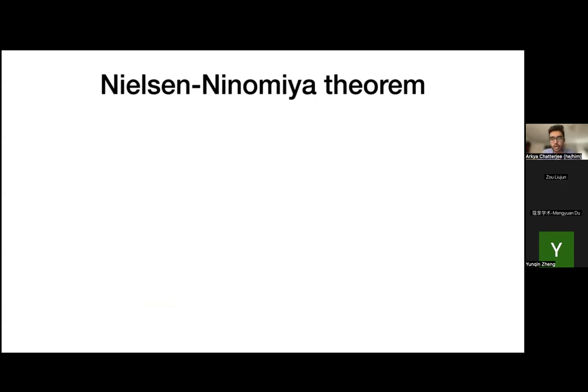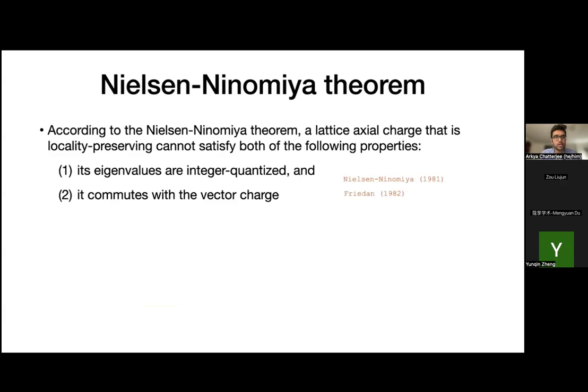So now that we've discussed this lattice axial charge, I want to address a potential complaint. There's a famous theorem in the field of chiral fermions, which was first proposed by Nielsen and Ninomiya, and then sharpened by Friedan's work.